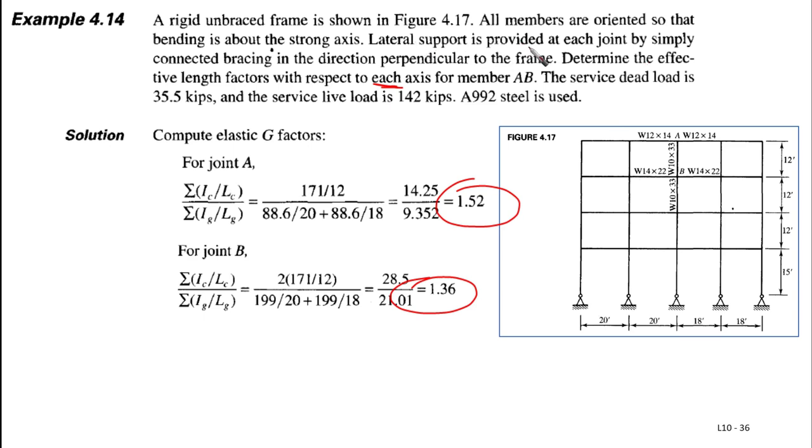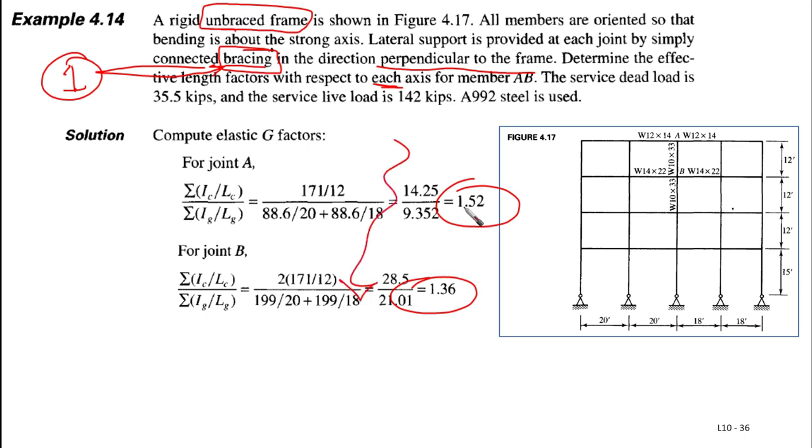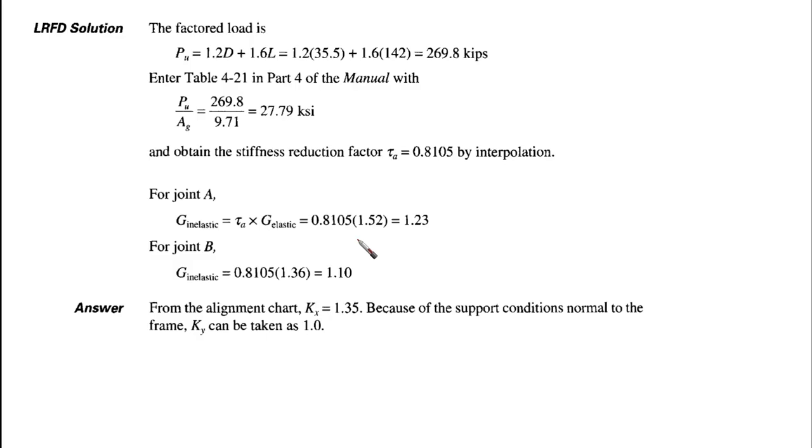Lateral support is provided at each joint by simply connected bracing in the direction perpendicular to the frame. So as long as there is bracing in this direction, which is perpendicular to the plane of the frame, then K is going to be 1 in this case. But in the plane of the frame, it is an unbraced frame. So we need to go into all this story of calculations.